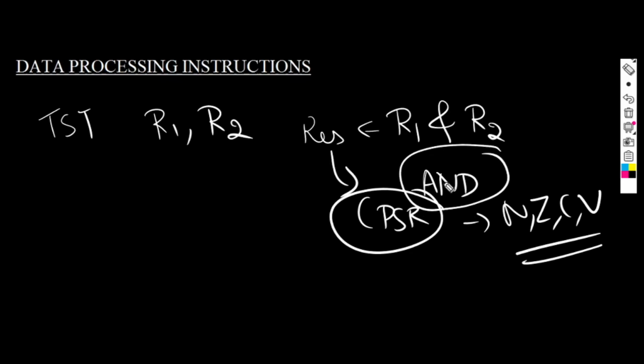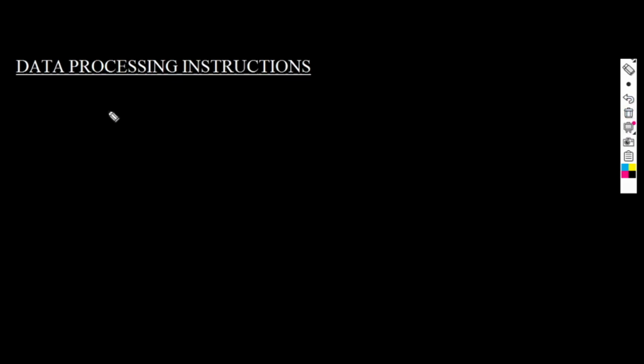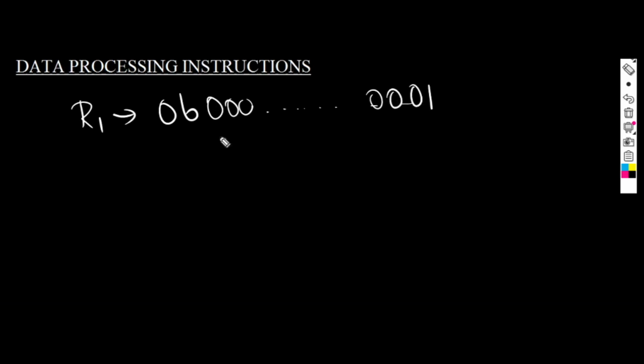For example, let me take an example where R1 is a binary value. Let's assume all these are 0, just the last value is 1. Out of the total 32 bits, 31 bits are 0, the last one bit is 1.